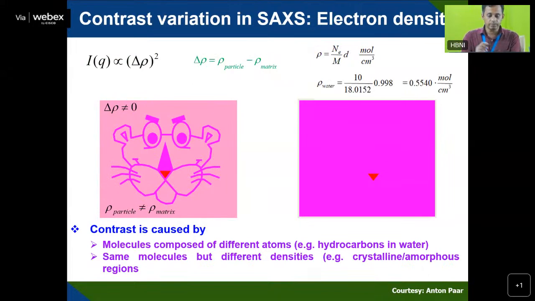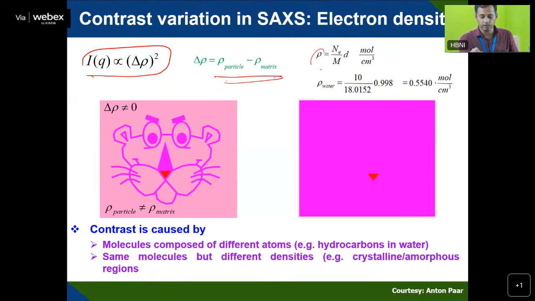Similarly, in small angle neutron scattering and X-ray scattering, you also have contrast variation, where I(Q) is proportional to delta rho squared, that is, rho particle minus rho matrix. Here it is the electron density of the particle minus the electron density of the matrix. By varying the electron density, you can see the contrast in small angle X-ray scattering.